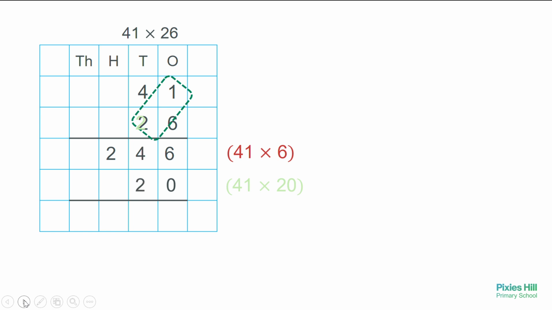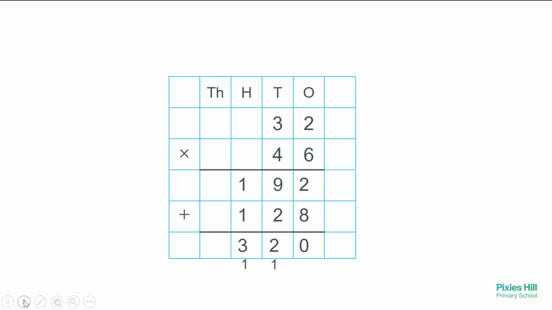Finally, 4 times 2 is 8. The last step is to add our numbers together. 6 plus 0 is 6, 4 plus 2 is 6, and 2 plus 8 is 10, giving us a final answer of 1066.